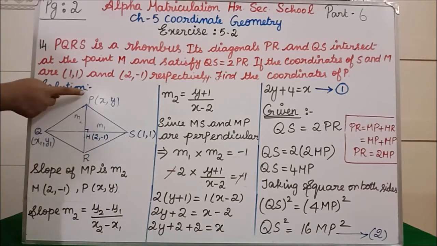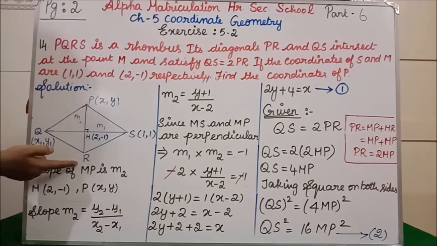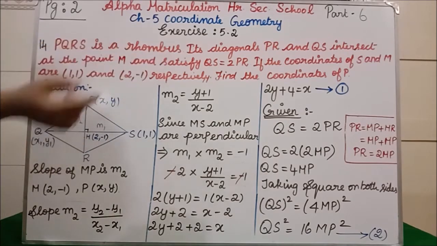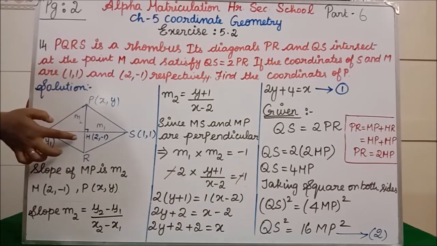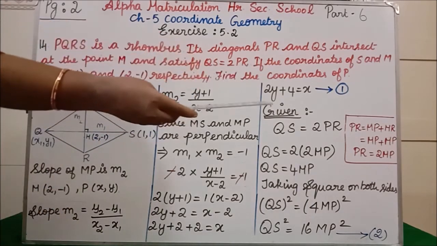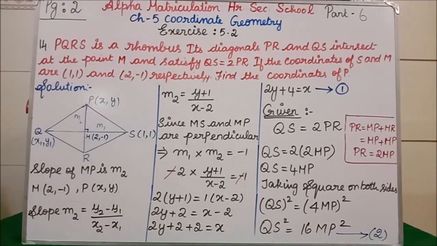So instead of MR, we can write it as MP. Clear? So the full length PR, the next step if you see, MP plus MP I have written, because MR and MP are same length only. So MP plus MP is equal to 2 MP.